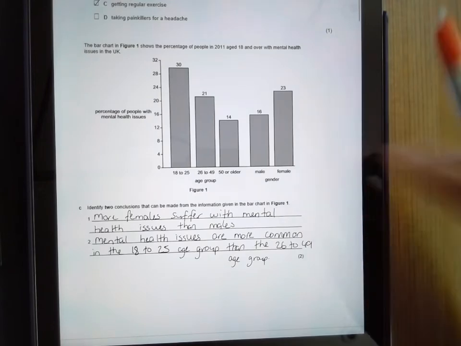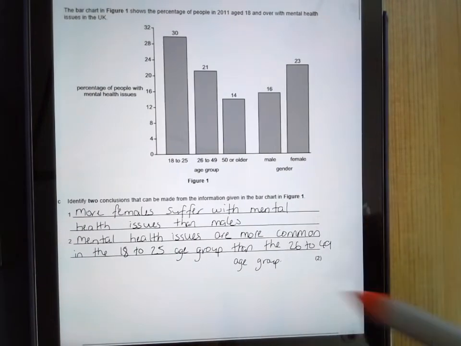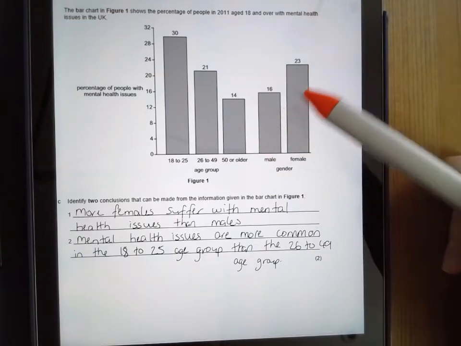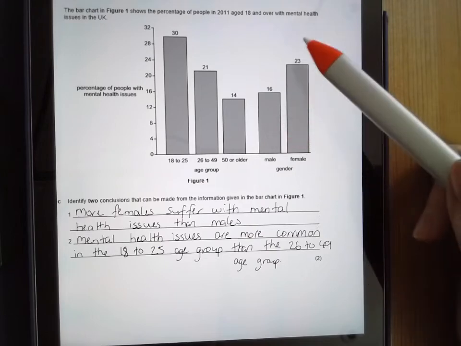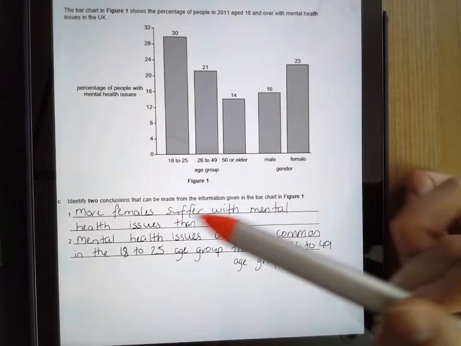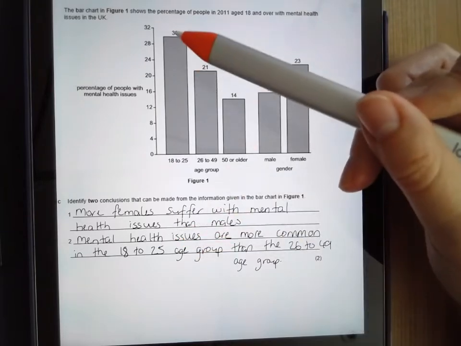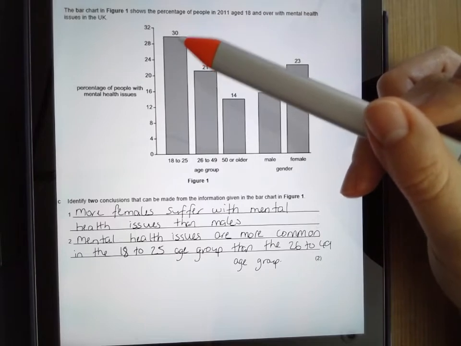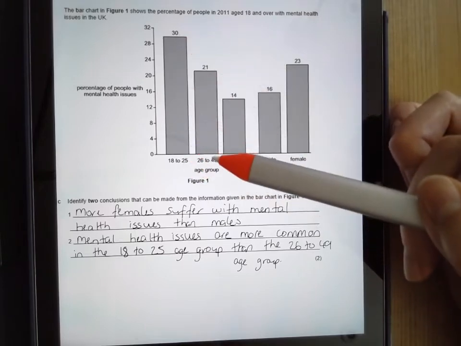For 1C, there's so many different things that you can say, and I'm just giving you one example here. I've said, from the graph, I can see that more females suffer with mental health issues than males. Females is at 23%, males is at 16%, so more females suffer with mental health issues than males. The other thing I've said is mental health issues are more common in the 18 to 25 age group than they are in the 26 to 49 age group.